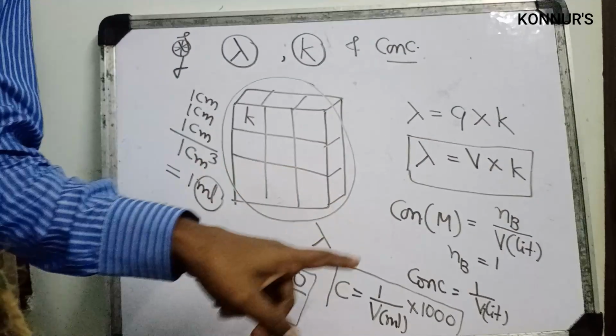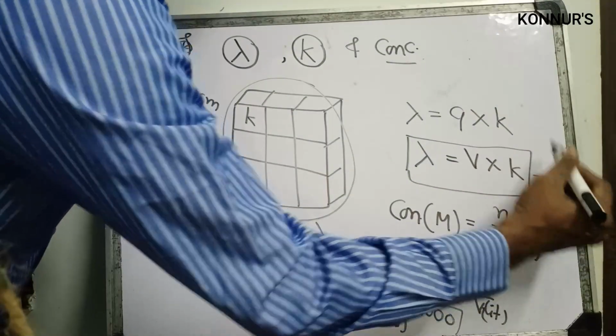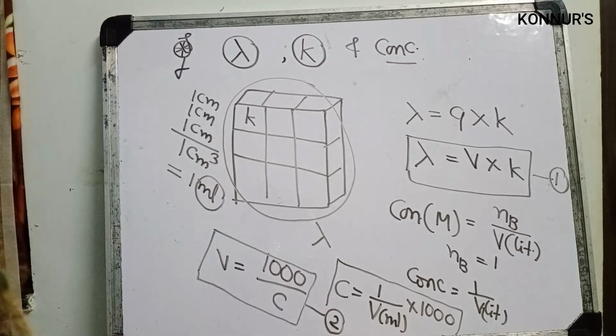See, lambda equals V into K. Take this as the first equation, and this as the second equation.